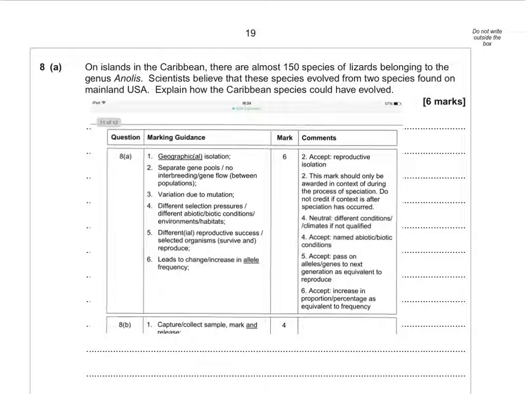Most of you went on to looking at variation due to mutation. You looked at the fact that the gene pools were separated, there's no interbreeding, different selection pressures because of different conditions or habitats. Then reproductive success is different, and then it leads to a change or an increase in allele frequency.